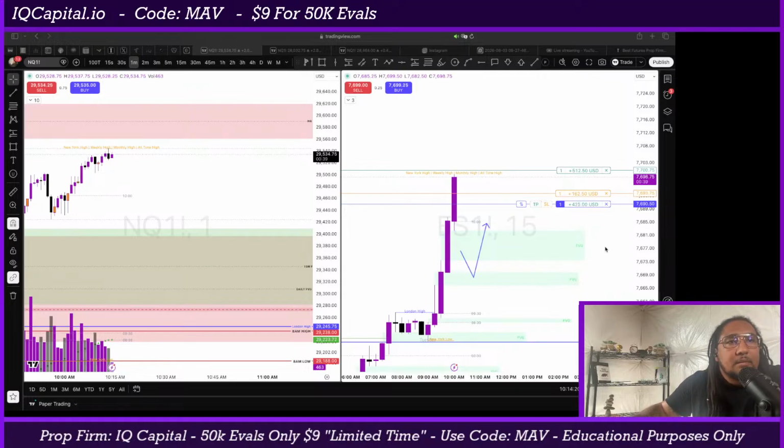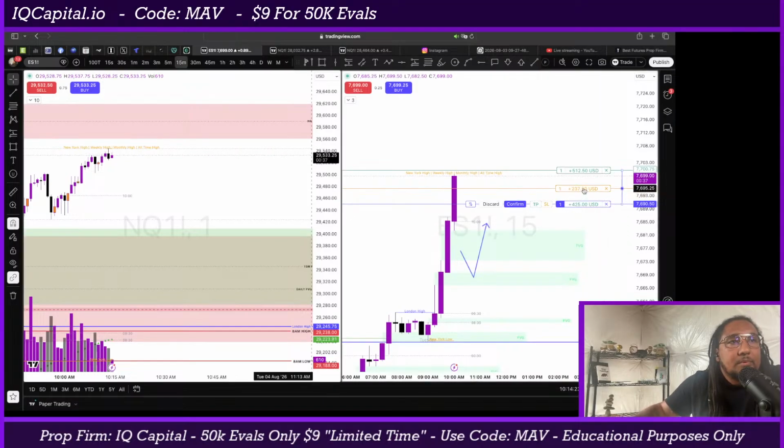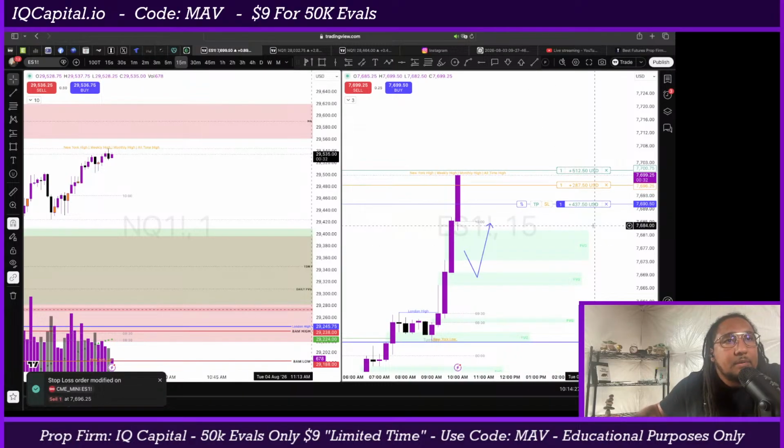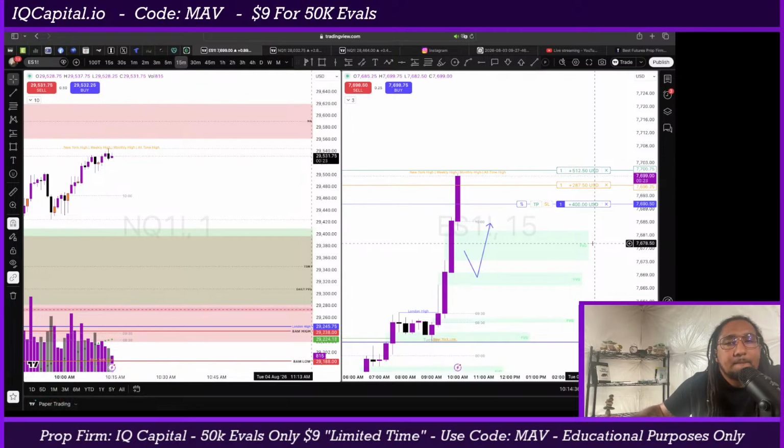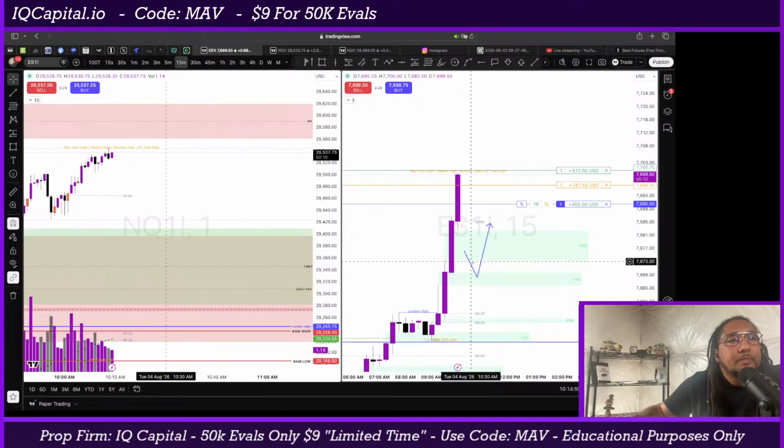Looks like ES. Just gonna pull our stop loss up there a little bit more. Lock in some more profits there. It looks like we're just close to hitting our target here on ES. So here on ES, we did see what we were looking for.